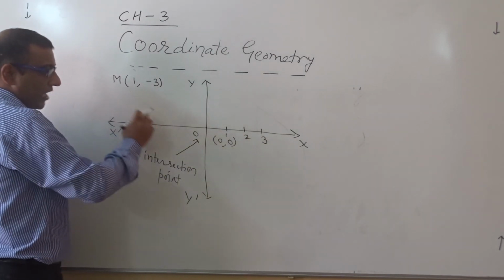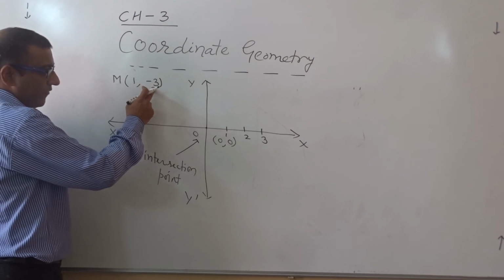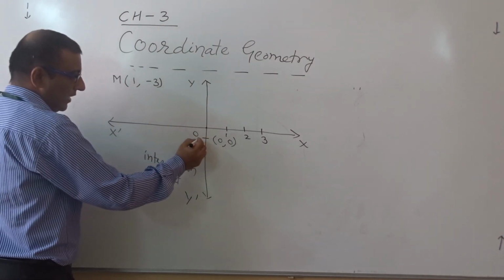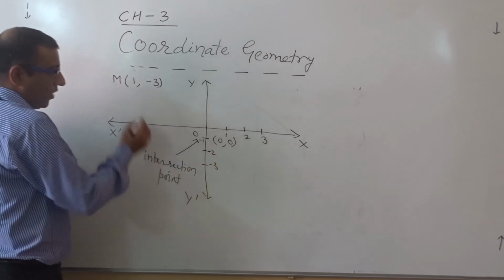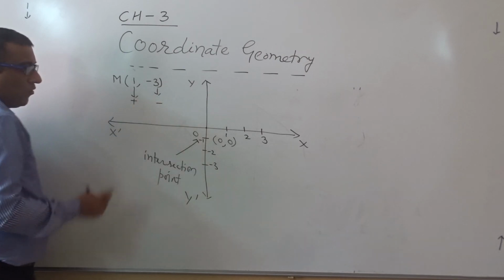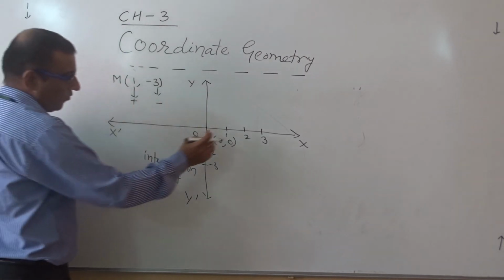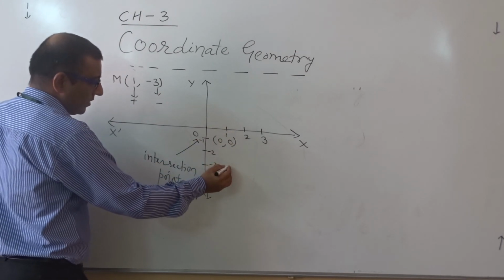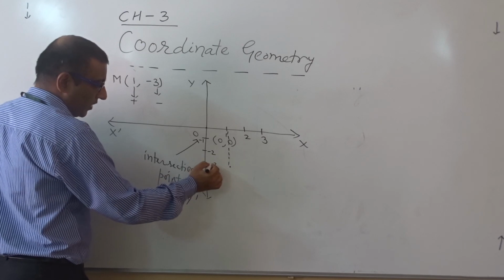Definitely this one lies on the OX axis, that is the positive X axis, and -3 is related with negative Y, so it will lie here: -1, -2 or -3. So definitely we can say it is plus and it is minus. So this point M will lie in the fourth quadrant. It will look like this when you join it. This type of shape you will get.